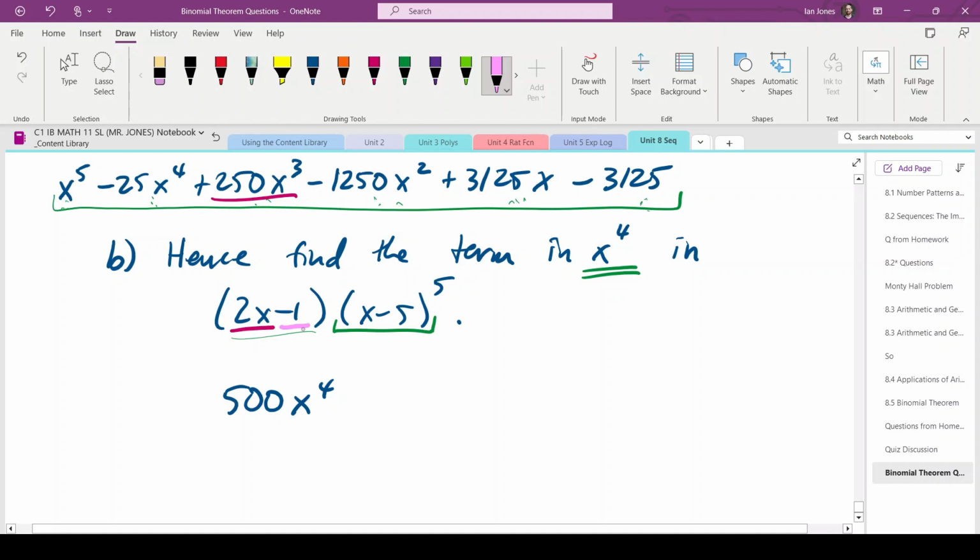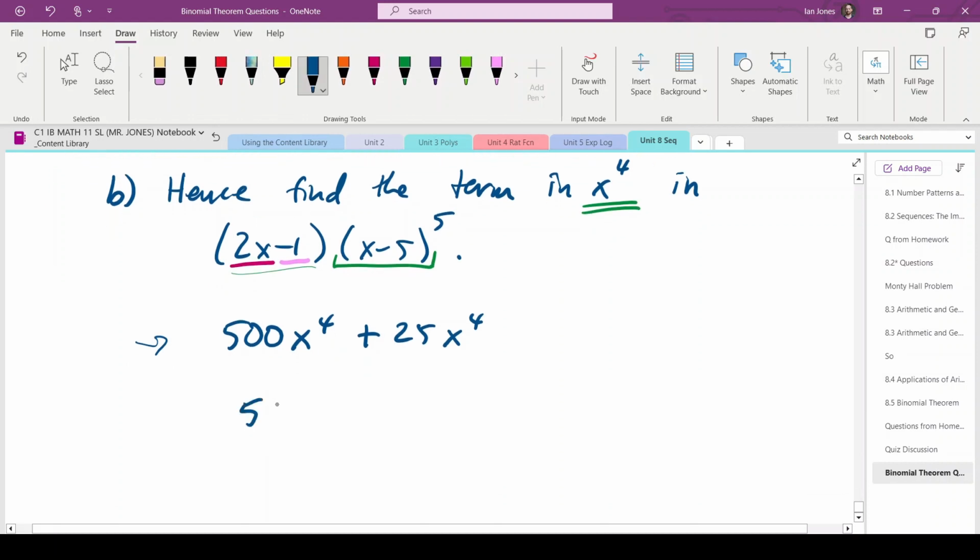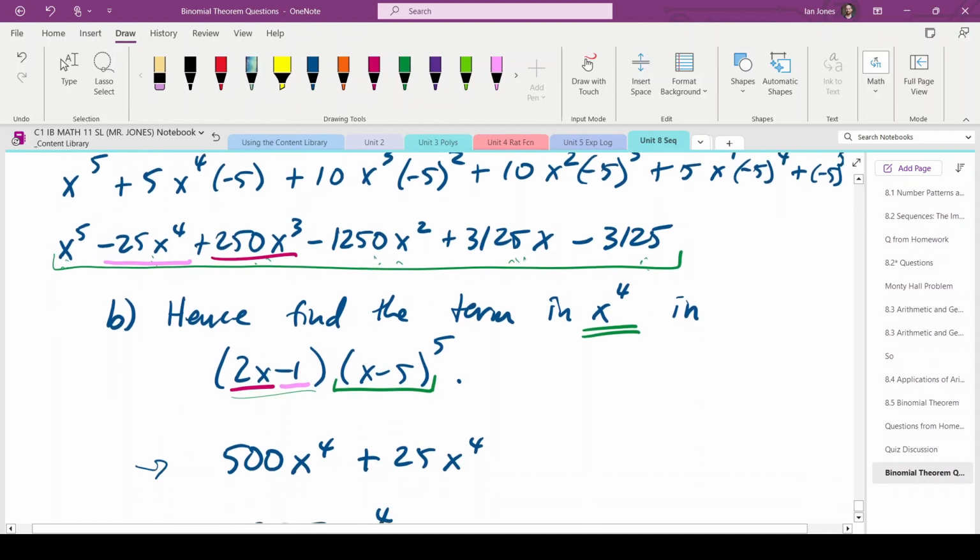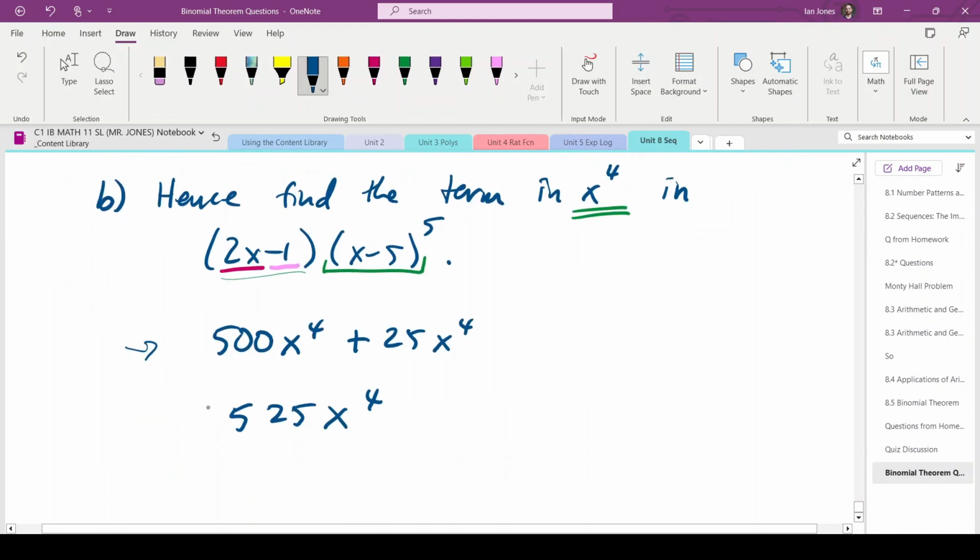Well, when we multiply negative 1 times negative 25x to the 4. That will also give us a term in x to the 4. All the other multiplications are going to give us terms with different exponents on x. These are the only two that matter. And so now when I add them together, I get 525x to the 4. That's the collecting like terms part. And so my answer then is this here is the term in x to the 4. That's all I need to do.